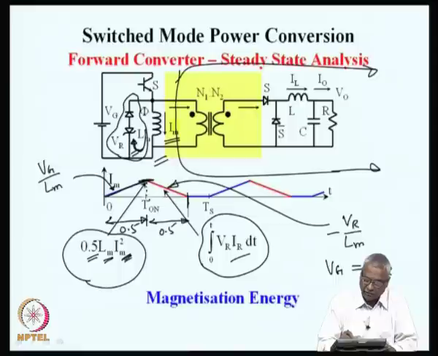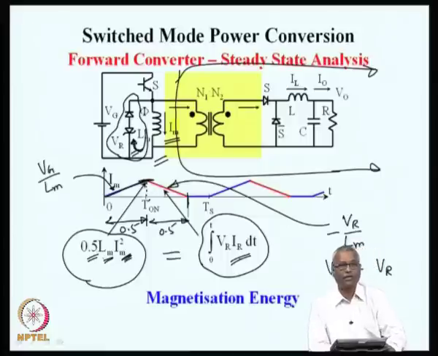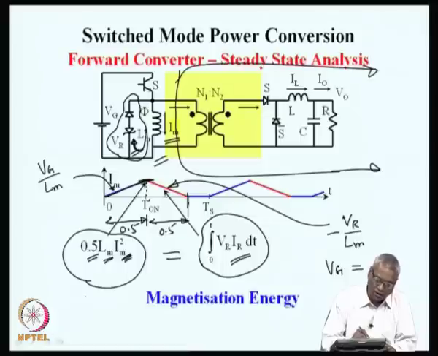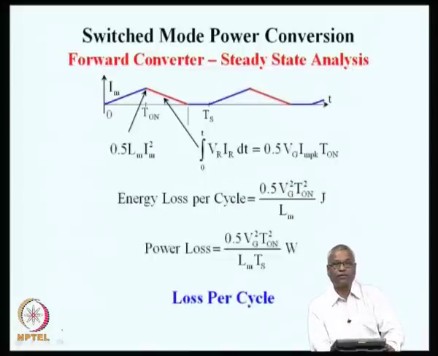By conservation of energy, we can also say that this energy is the same as half Lm Im peak square. So, this energy is what is lost in the VR part, the resetting part of the circuit, and to that extent this converter will be less efficient compared to its non-isolated counterpart.